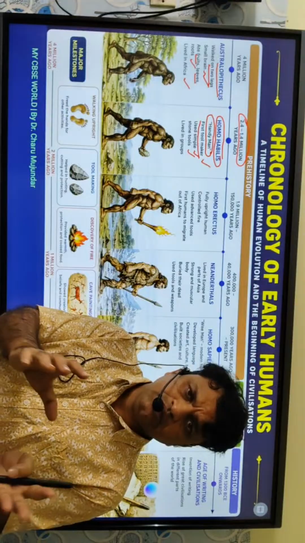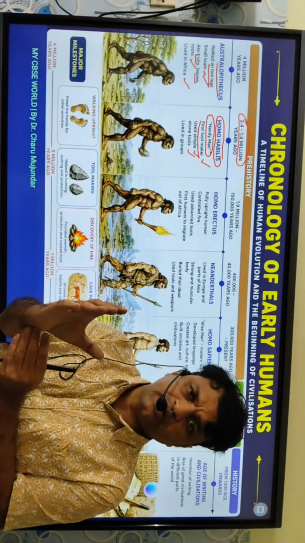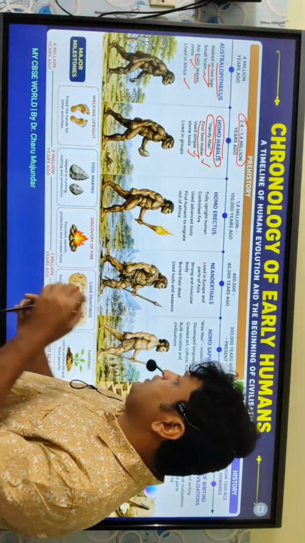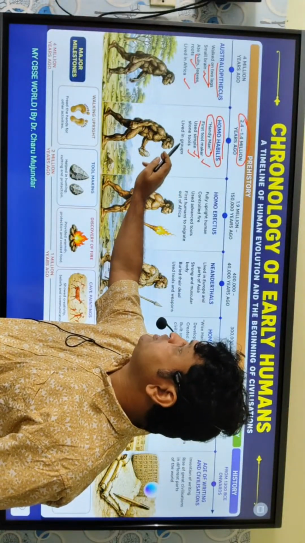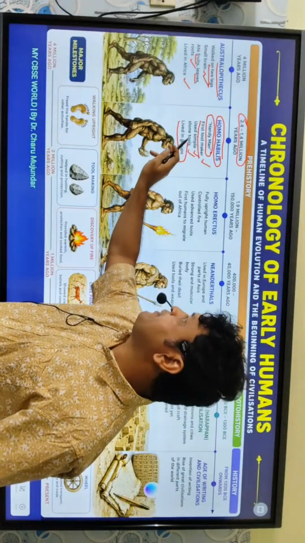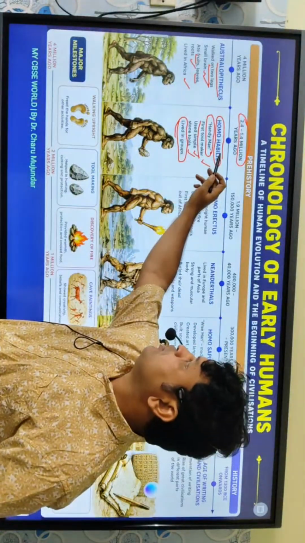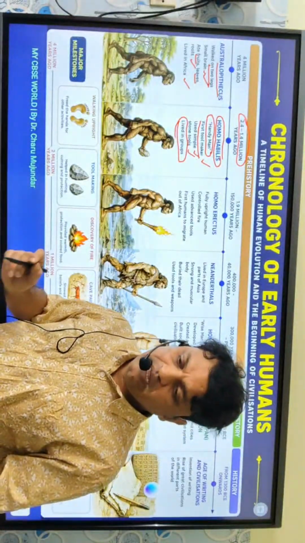Today we can see such simple tools in our forest areas or hilly areas. Those are called simple tools, a slightly modified form of hand axes. They used simple stone tools and lived in groups. So for the first time they lived in groups. Group activity started with Homo habilis. They are our second ancestor and are also called handyman.